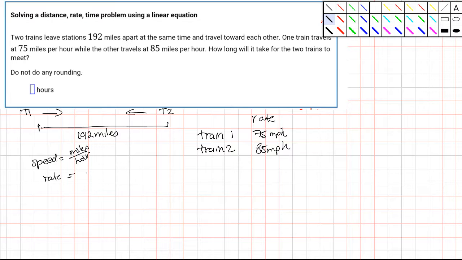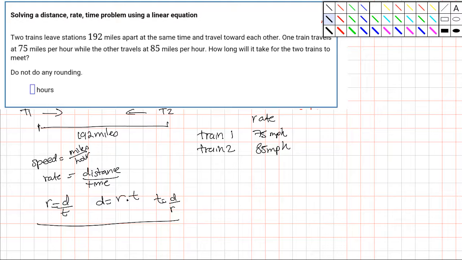Distance is measured in miles, and hours is a measurement of time. So we have r equals distance over time. From this one, you can say that distance equals rate times time, or that time equals distance over rate. These equations are very important for you to know.